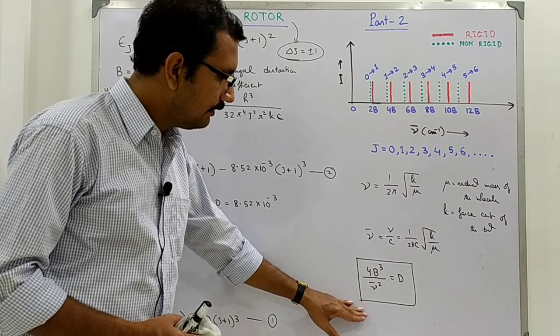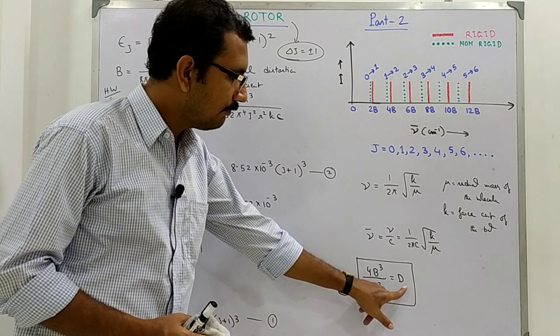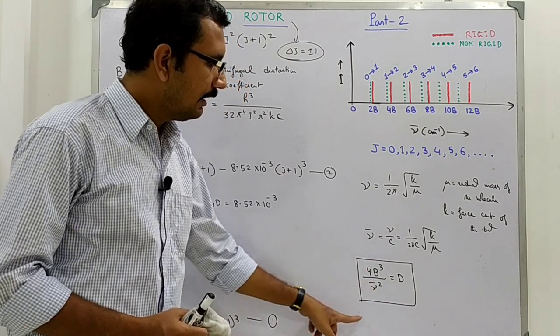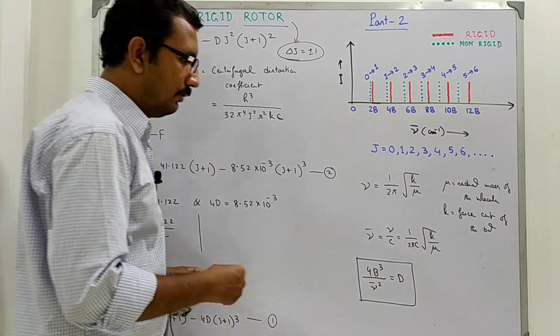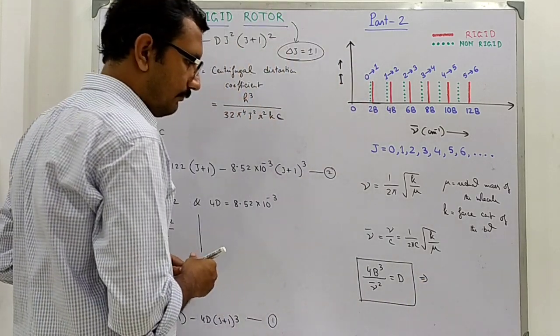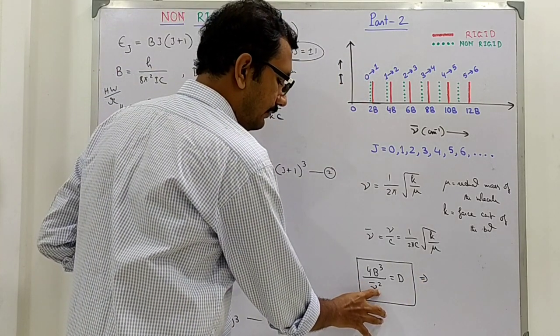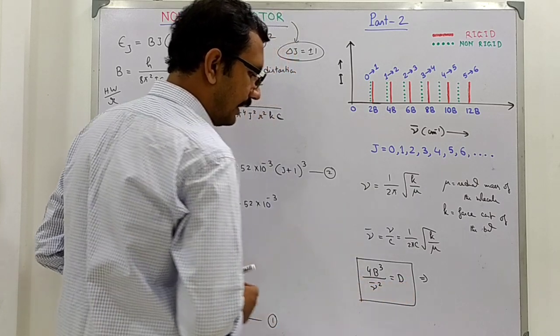Now, see, this is 4b cube by nu bar square equals d. This expression has been derived by me in the previous part. So, from this we can write: we take this nu bar square to the right hand side and we take this d to the left hand side.